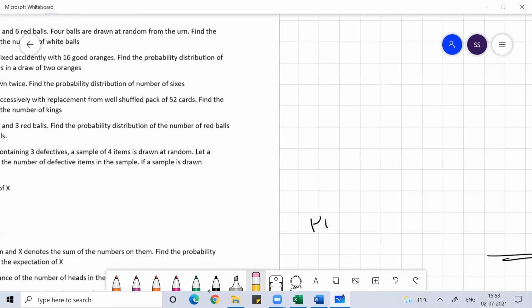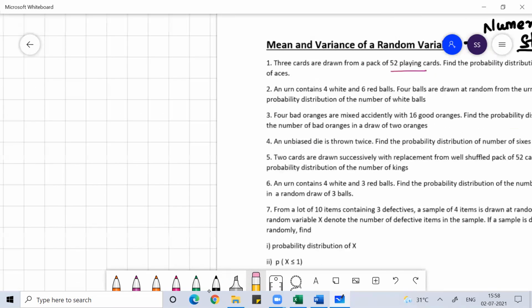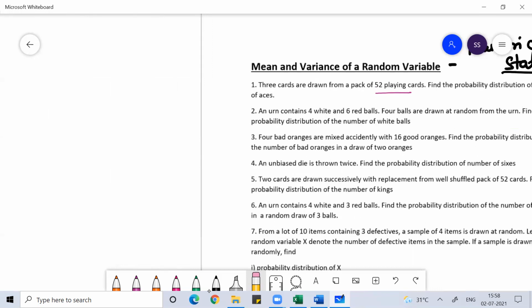But in case the probability distribution is not given, and you have to calculate the mean and variance, suppose only the situation is given to you, and based upon the situation you have to calculate the mean and variance. We'll talk about the formula of how we can calculate the mean and the variance. Right now, we are more interested in determining the probability distribution.